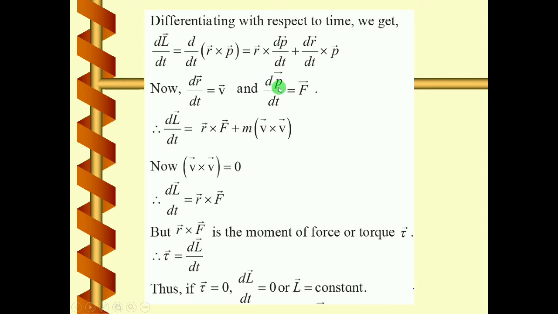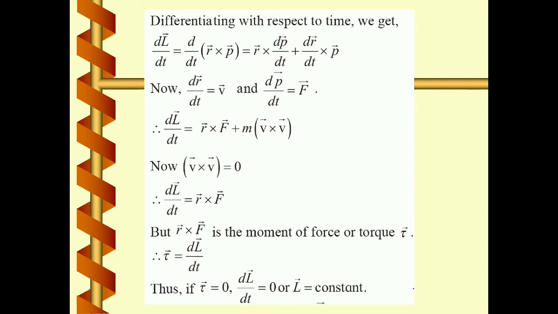If you take the derivative of mv with respect to time, m is constant, so you take it out and write the derivative of v. So dv by dt is nothing but acceleration, and you get m into a, which is force according to Newton's second law. So we are directly applying Newton's second law of motion: dp by dt is equal to F.